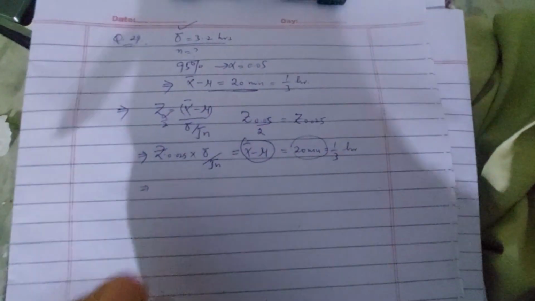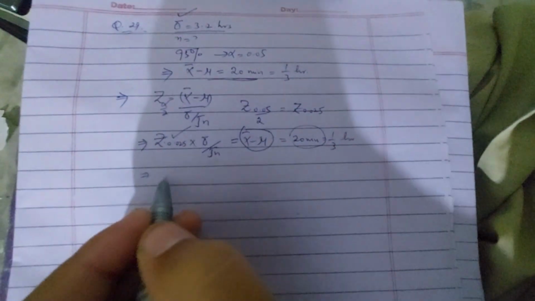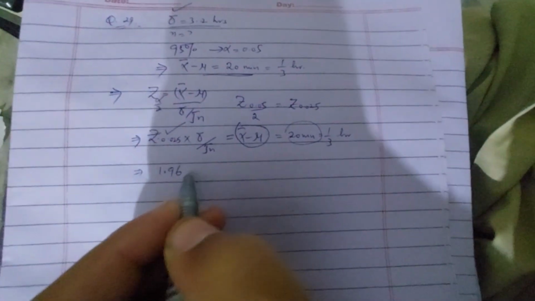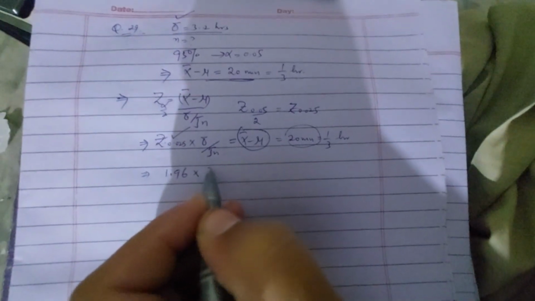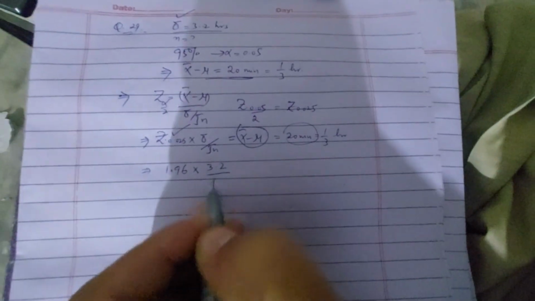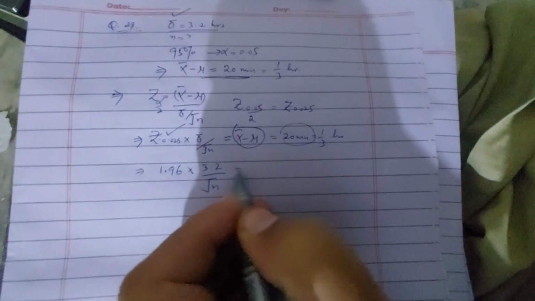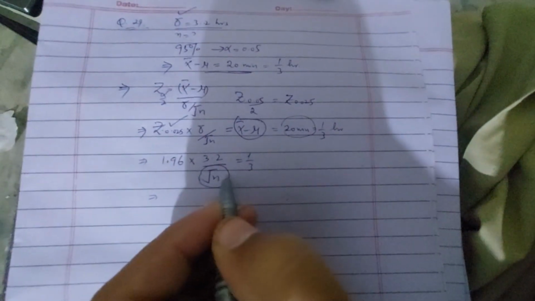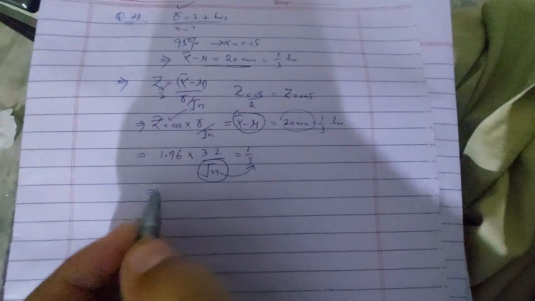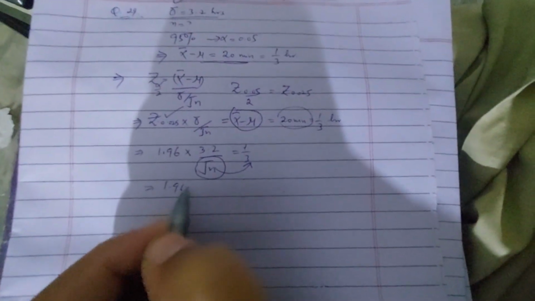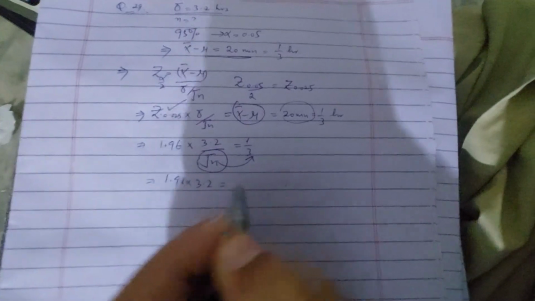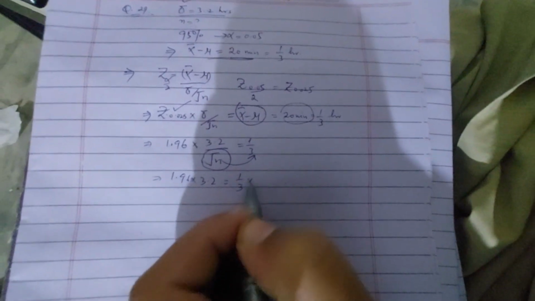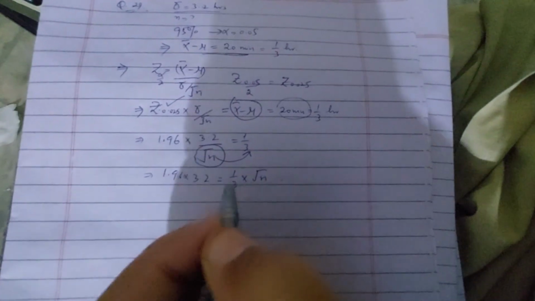So the z value of 0.025 is 1.96, multiplied by the standard deviation 3.2 divided by the root n is equal to 1 over 3. When we move this side, we get 1.96 multiplied by 3.2 is equal to 1 divided by 3 multiplied by the root n.